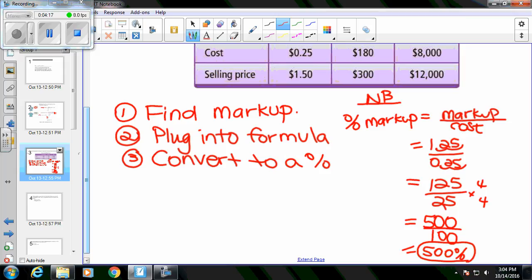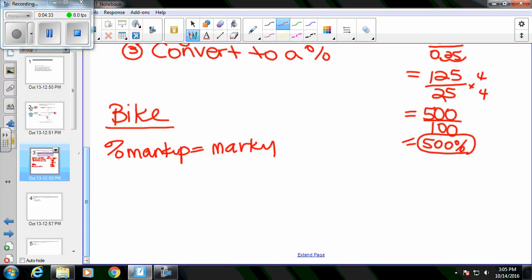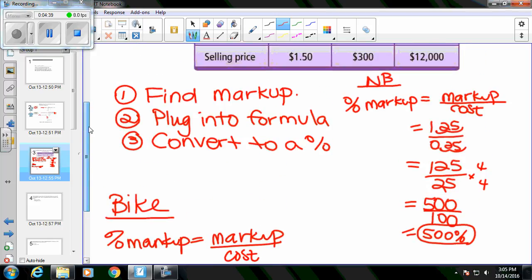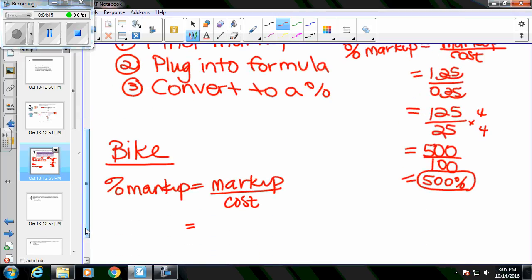Let's look at the bicycle. I'm going to label it bike. I'm going to write my formula down, percent markup equals markup over cost. So the markup, 300 minus 180, was a markup of $120.